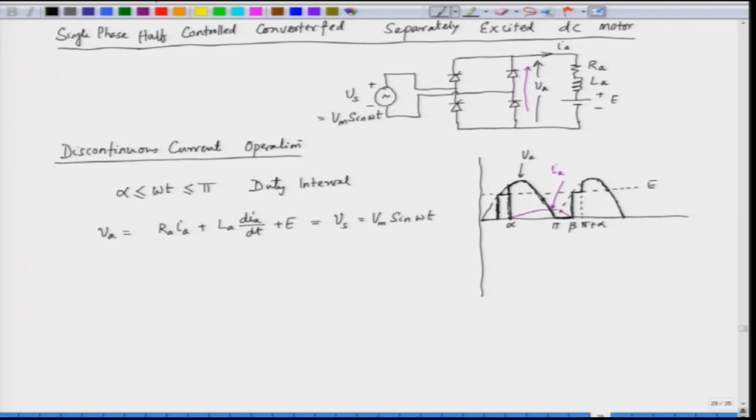So, as before, this equation will have a steady state component and a transient component.